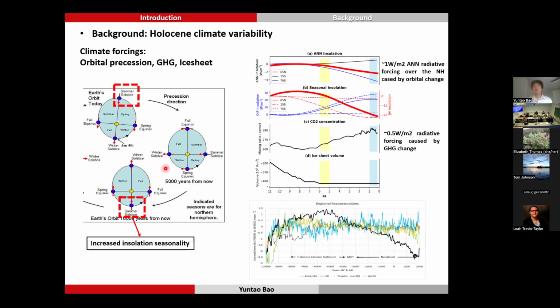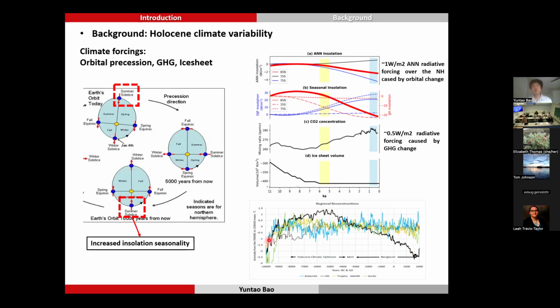So, what will be the temperature response to all these forcings? If we take a look at the time series from the proxy reconstructions, we can see overall over the whole Northern Hemisphere, all the proxies show this black line.